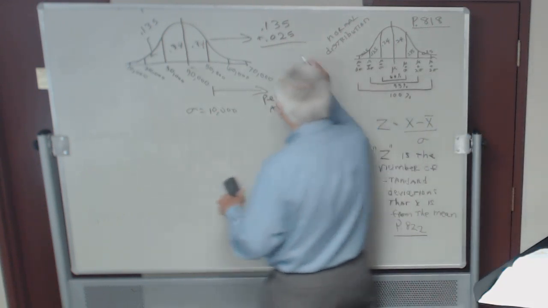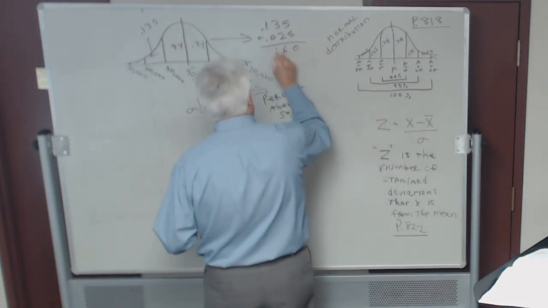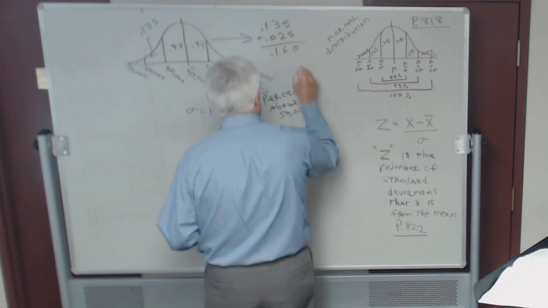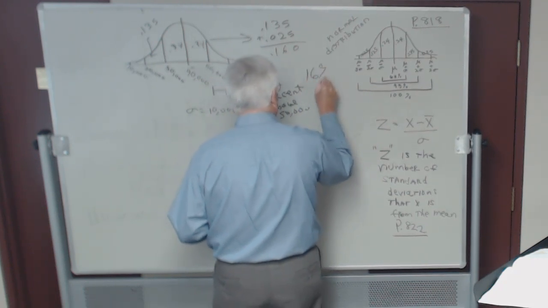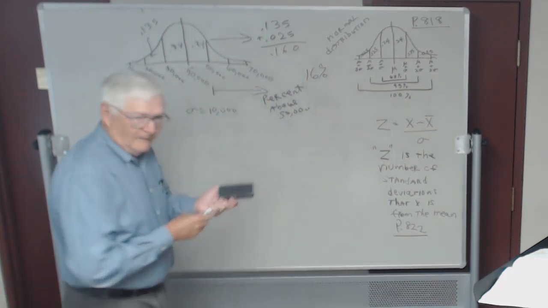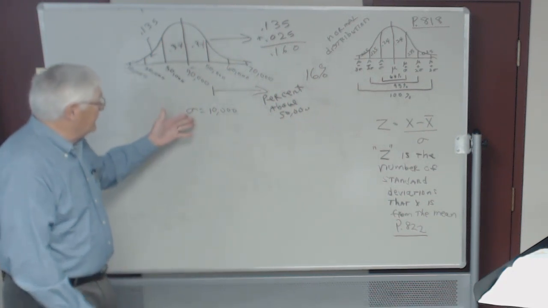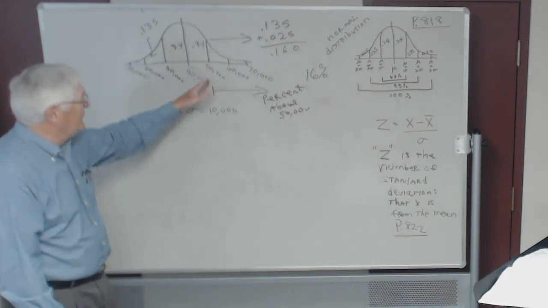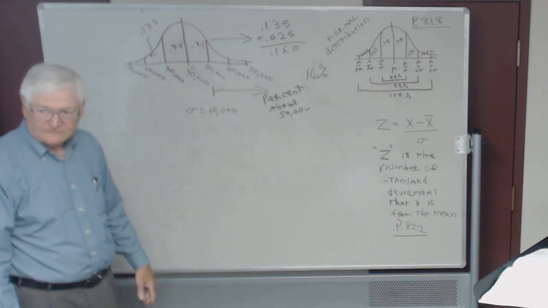So I add those together. 0.160 or 16%. So 16% of the lawyers make more than $50,000 a year.